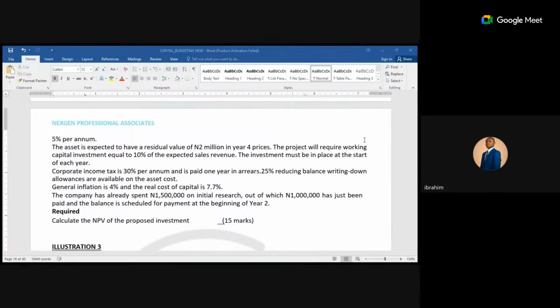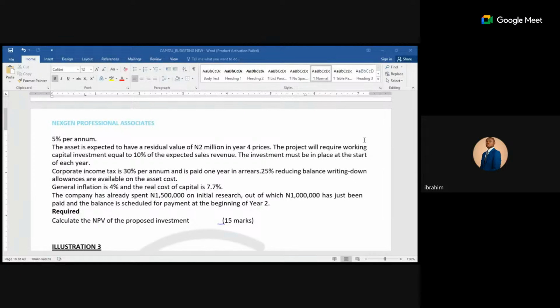You can see they're giving us the general inflation, meaning that they've given you money terms. They say you should inflate all those cash flows, which then become money cash flows. Then they give you the real cost of capital, meaning that you need to convert that real to money cost of capital. They've given you the general inflation that you will use to convert the real cost of capital to what? To money cost of capital that you will use to do what?